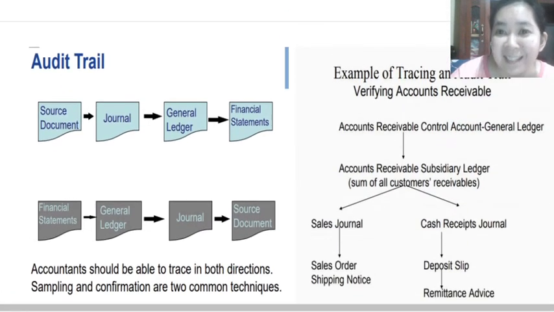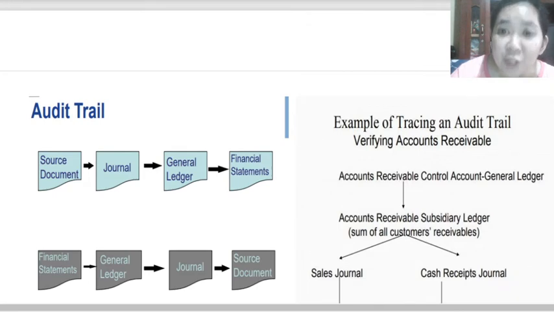That is tracing. Whereas vouching, on the other hand, is starting from the source document up to the end product, which is the financial statements. So again, in any of these audit trail techniques, the accountant or the auditor can use this.